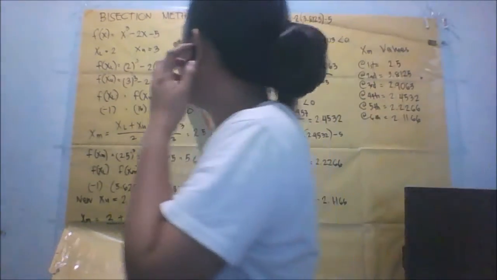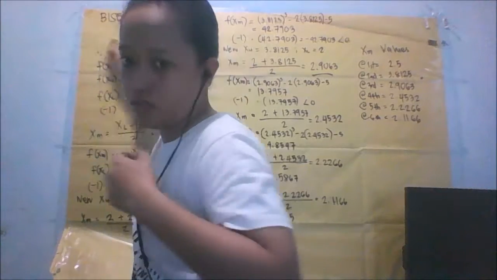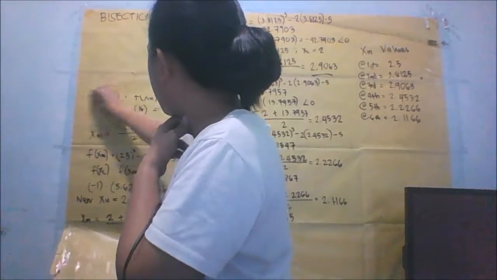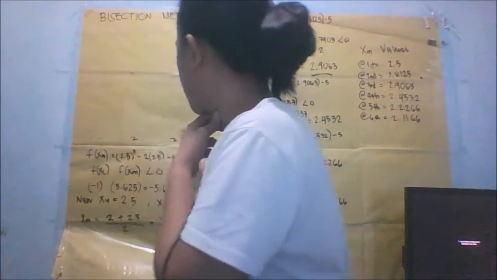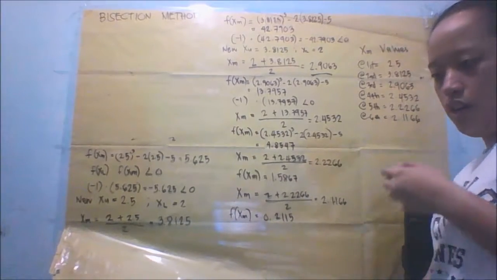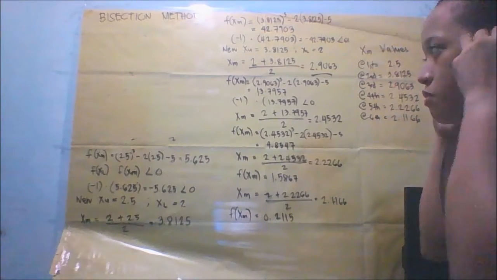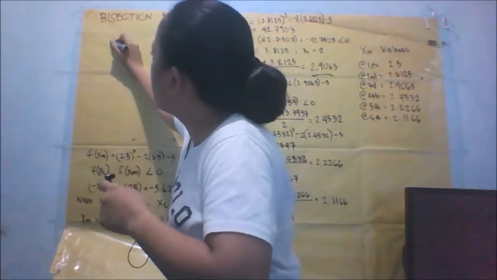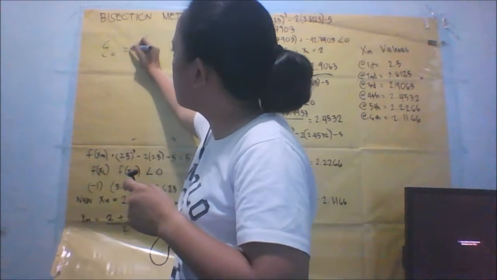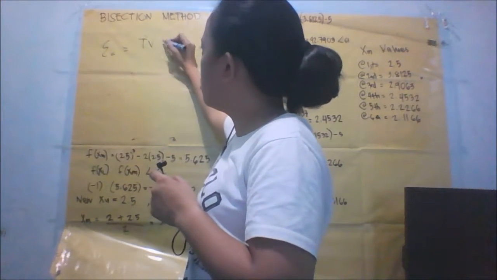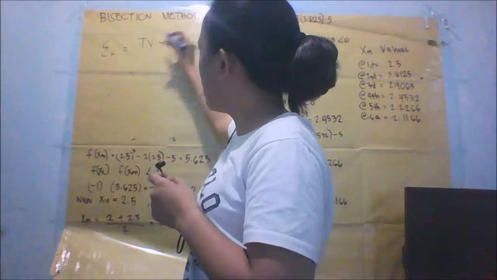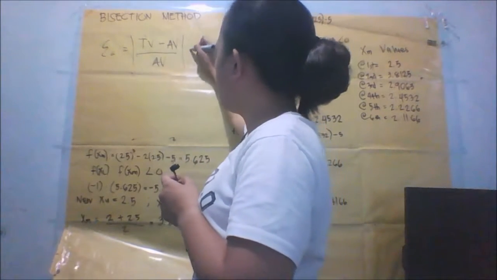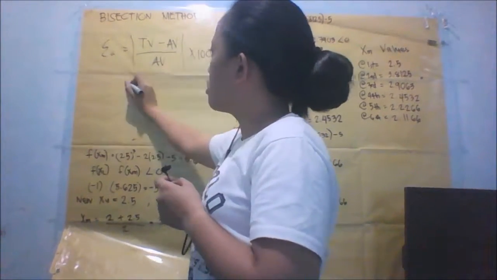So we will compute for our error. First, computing our error, you have to get your true value minus approximate value, over the approximate value, in absolute value. Then multiply it by 100.